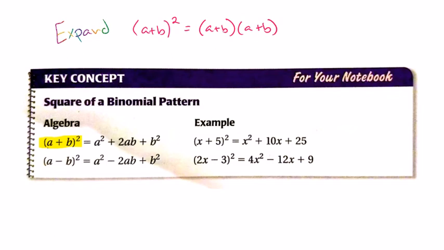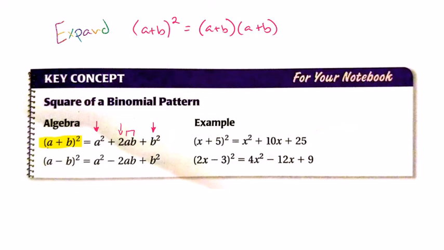Instead of having to expand and FOIL and then combine our like terms every time, there's a pattern. I would square my first term, and then square my second term, and then I multiply them together and double it.